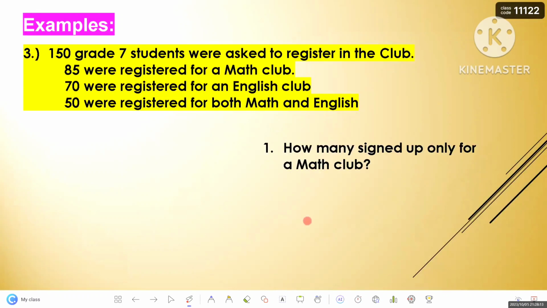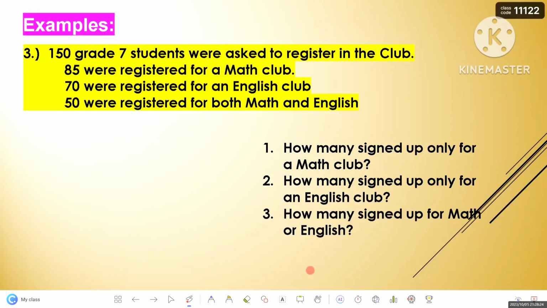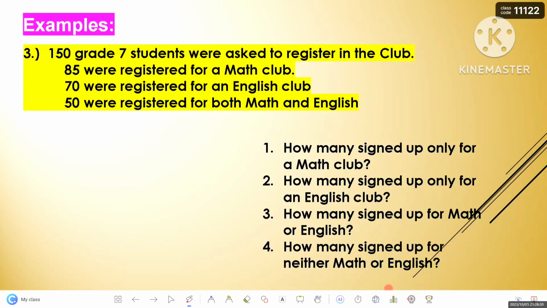Question number 1, how many signed up only for a math club? Number 2, how many signed up only for an English club? Number 3, how many signed up for math or English? And number 4, how many signed up for neither math or English?